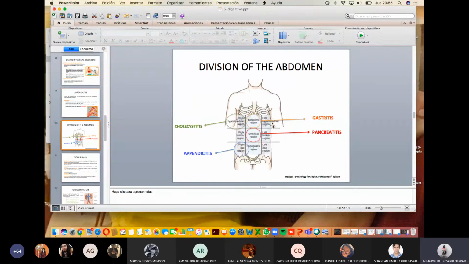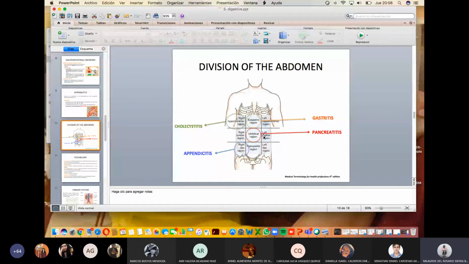So this is like the summary of what we talked about, basically about the pain location. Remember this for the exam, okay? In cholecystitis, the pain is located in the right hypochondriac region. In gastritis, it's located in the epigastric region.